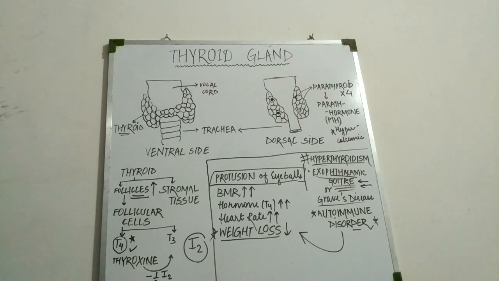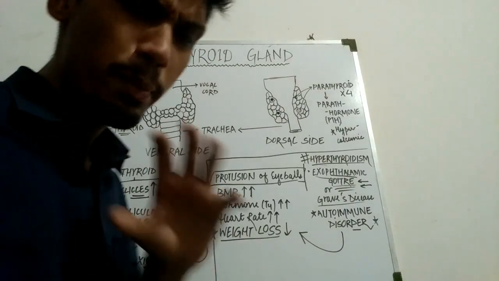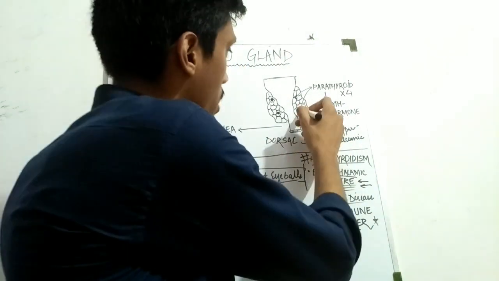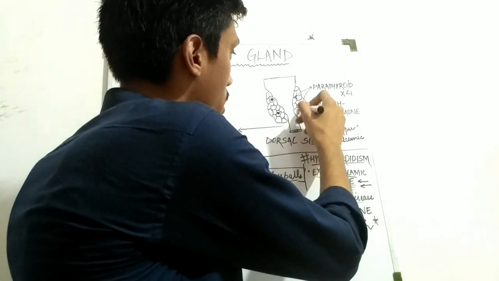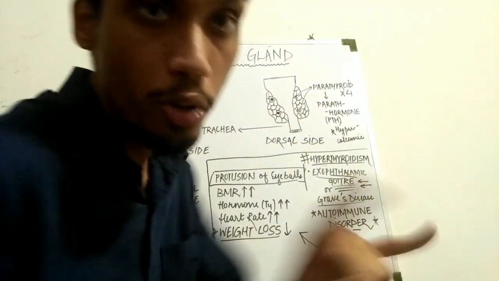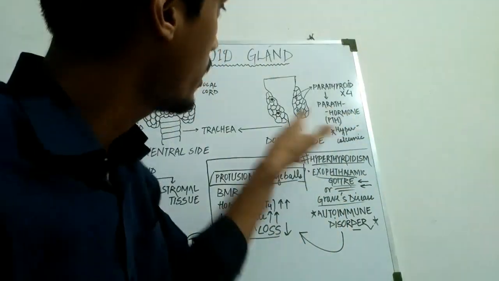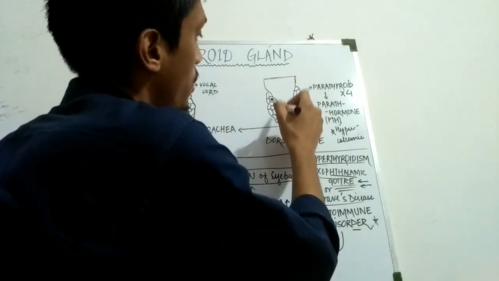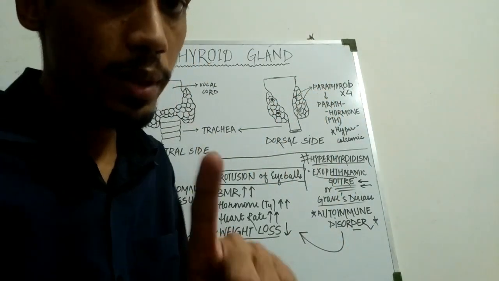Then I told you we'll talk a bit about the parathyroid gland, because of its situation here, here, and here. There are 4 places where the parathyroid gland is situated. One, two, three, four.